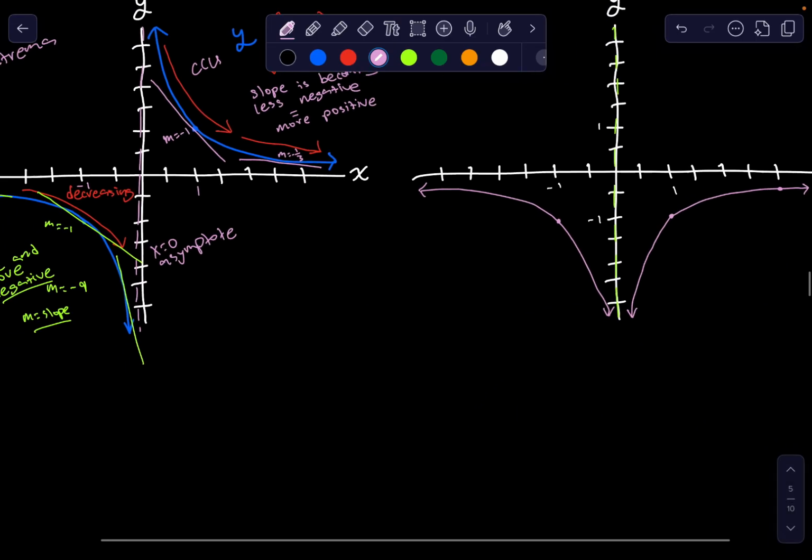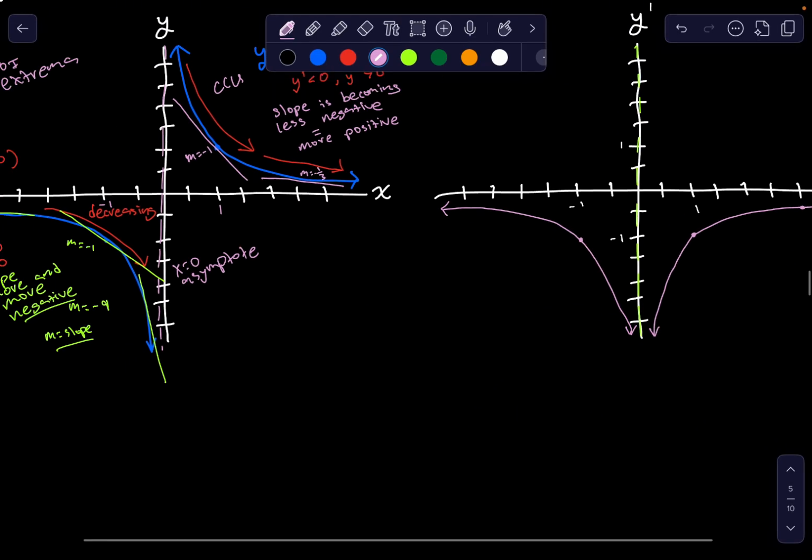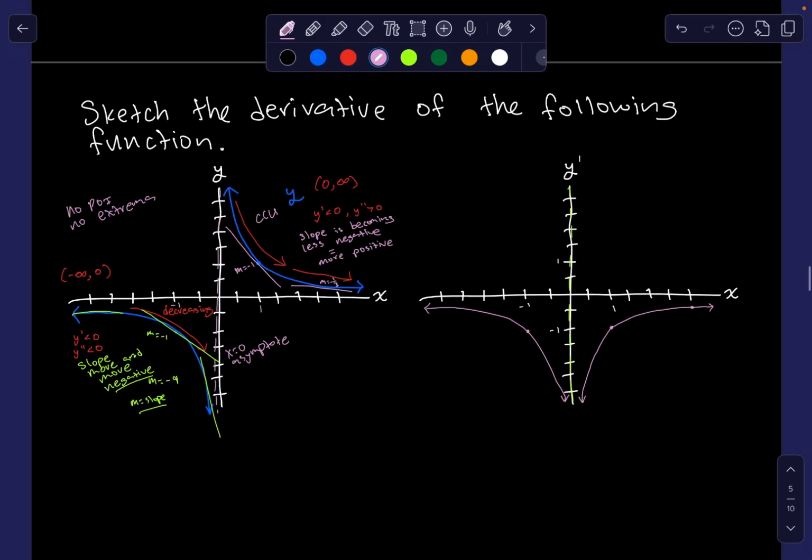All right. It's also important to note that on the original graph of y, that function which is 1 over x, we're also going to have an asymptote along y equals 0, or essentially the x-axis. We're never going to touch that point, and because we're never crossing and our function just kind of skates along the x-axis, we're never going to have a slope of 0, and that's going to be reflected on our derivative graph because we will never intersect the x-axis, meaning we'll have that same asymptote.